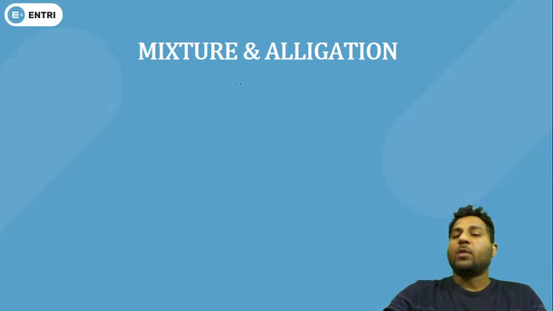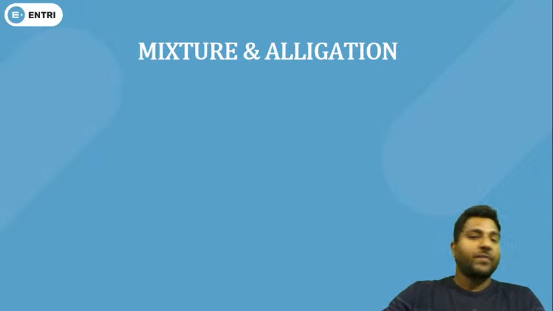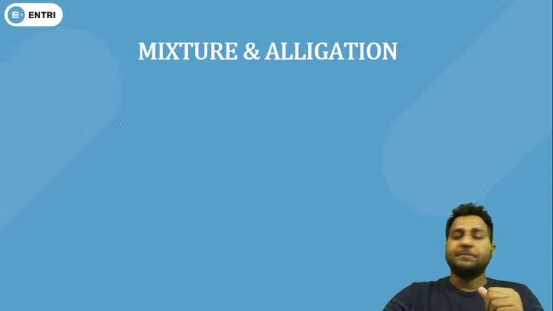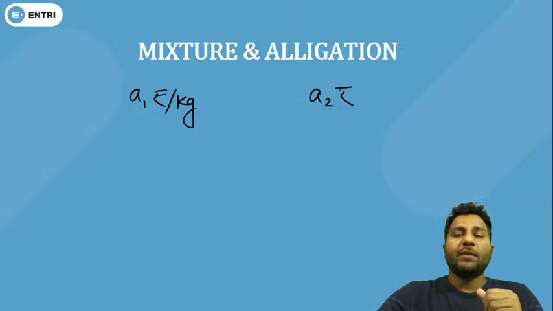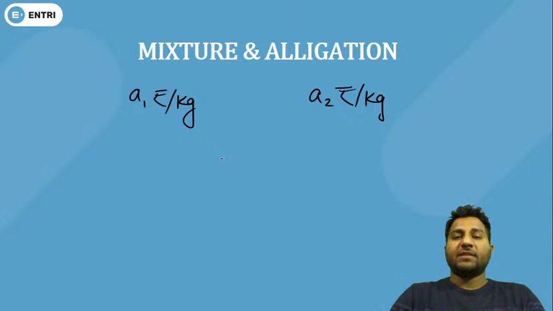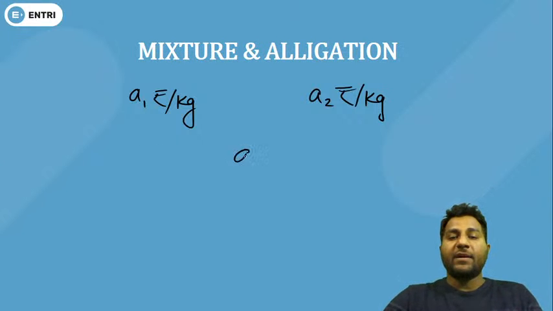And what is alligation? Alligation is nothing but a mixing of two or more than two elements. Let's say A1 rupee per kg quantity has been mixed with A2 rupee per kg quantity. If both are mixed, an average rupee per kg quantity will be generated.